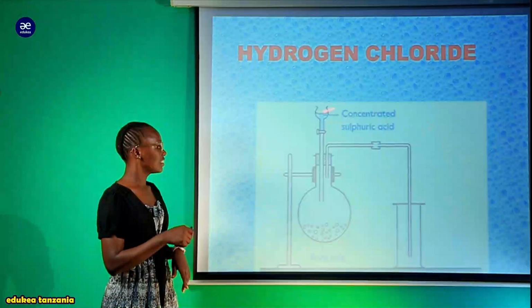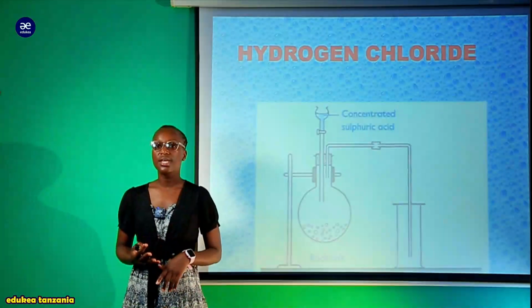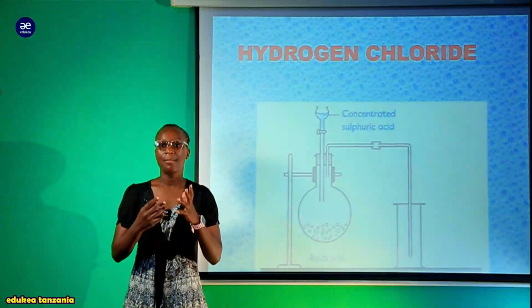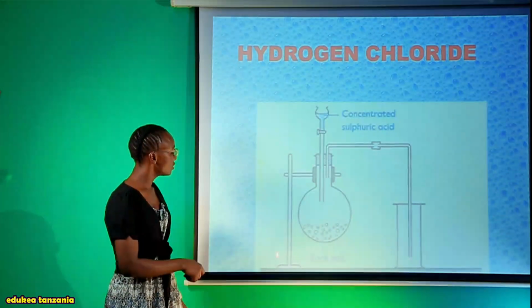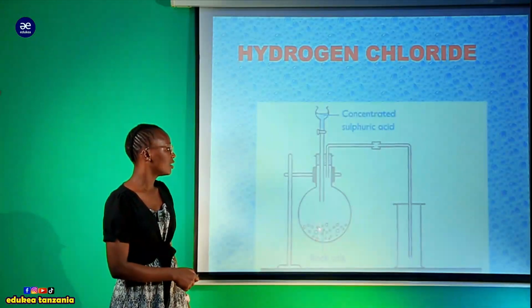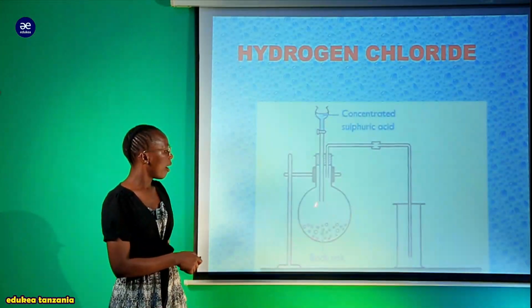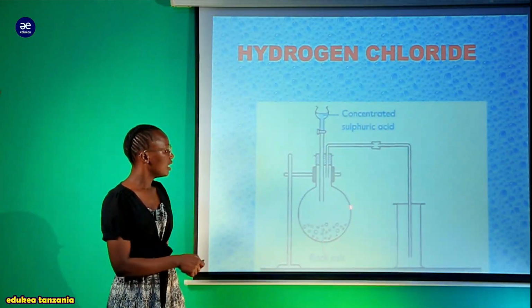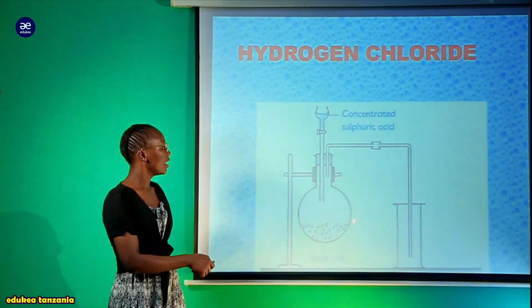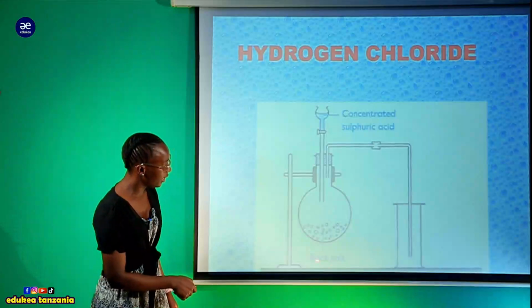Now this is a setup which is used in the preparation of hydrogen chloride gas in the laboratory. So we have a retort stand which supports our apparatus here. So this is the little stand ambayo ina support this round bottom conical flask as you see here, ambapo kwenye hii round bottom flask hapa ndani tuna hii rock salt.